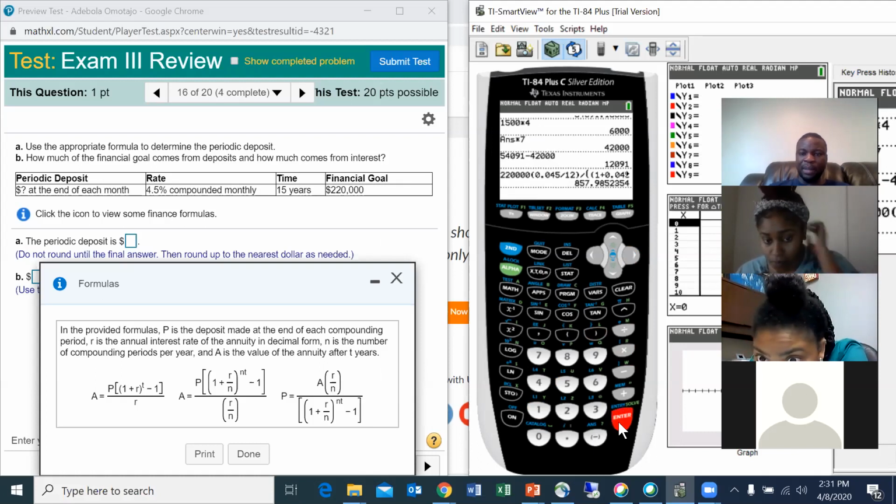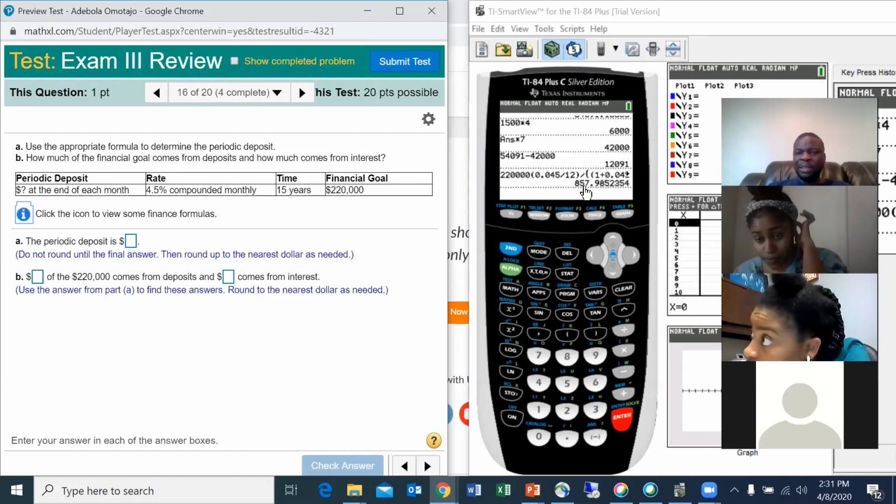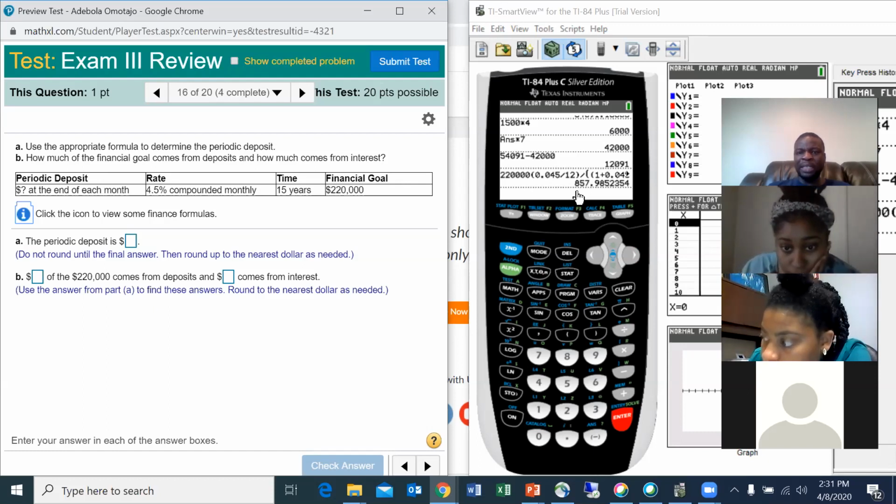And we enter. Now, this is what it says: 857.985. It's asking how much to the nearest dollar. When you do this problem, make sure you always increase this to the next dollar. So this is 857, I'm going to put 858.